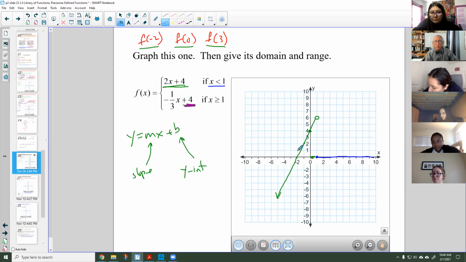I'm going to graph the whole thing, starting right here at my y-intercept of 4. Then a slope of -1/3 means down 1, over 3 that way. So I have my line right here that I can see.